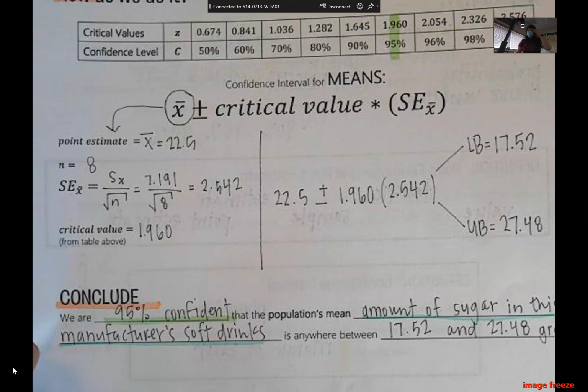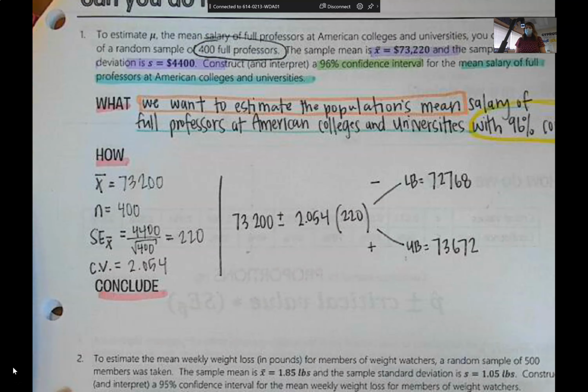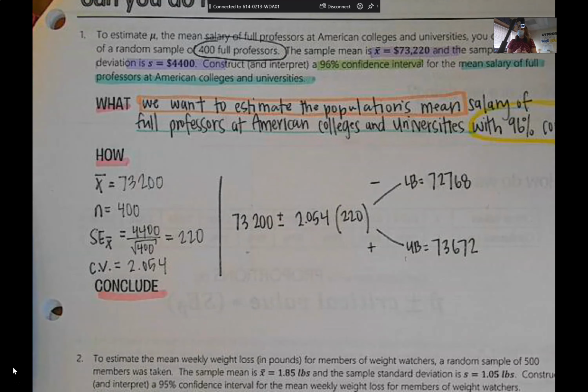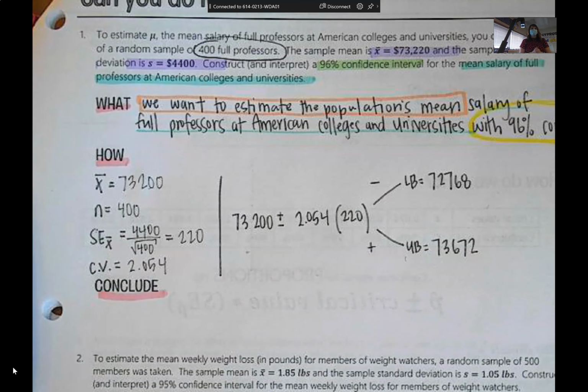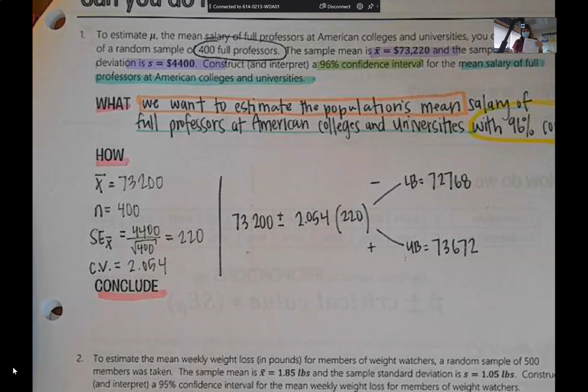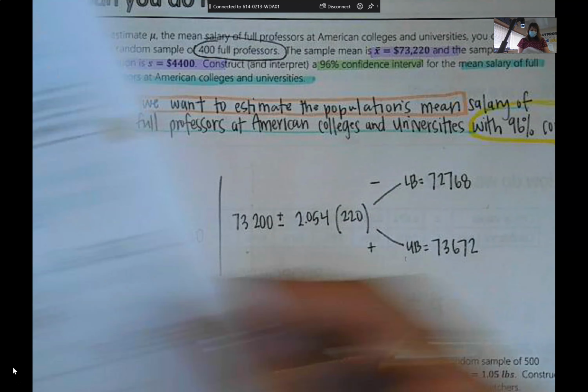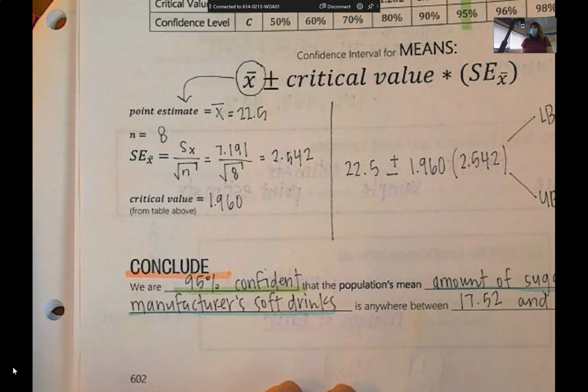Okay, for my lower bound, I got 72,768. And then for my upper bound, I got 73,672. Did you guys get the same thing? Okay. So now to make your conclusion, I'm going to break up this statement like I did here, so that I can help you include all the elements.